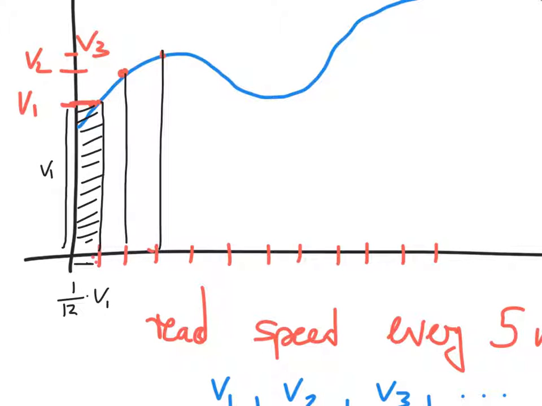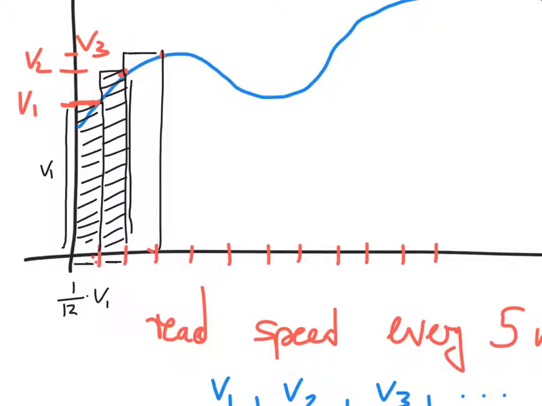Likewise, we take the area of this rectangle, which again has length 1/12. The long side has length v2, and so on.